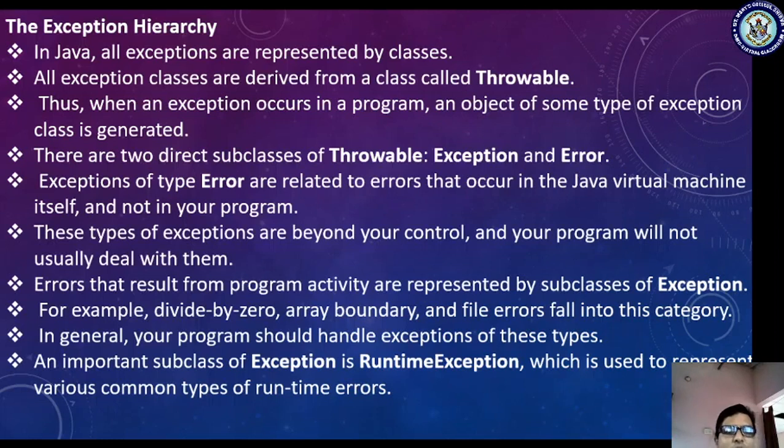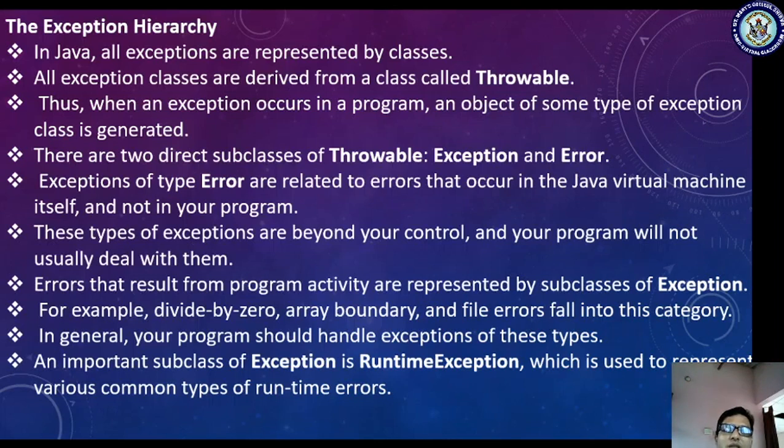For example, divide by 0, array boundary and file errors fall into this category. So if you make a mistake in your program, then that can be easily caught by exception classes. In general, your program should handle exceptions of these types.